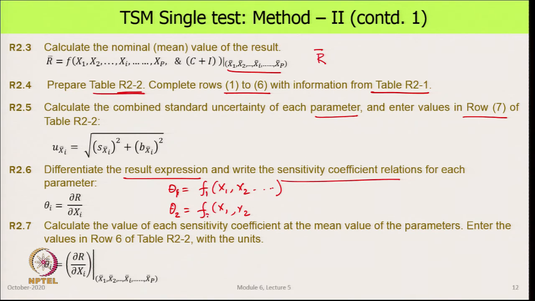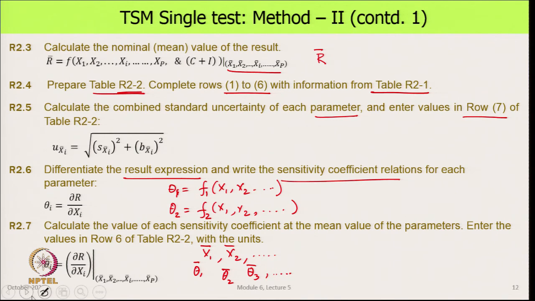So, this is function 1, this is function 2 like that, and we write all these functions. And then in the next step, we take these functions and substitute for x1, x2 and all of that their nominal or the mean values. And from there we calculate theta 1, which we call theta 1 bar, theta 2 bar, theta 3 bar and so on.